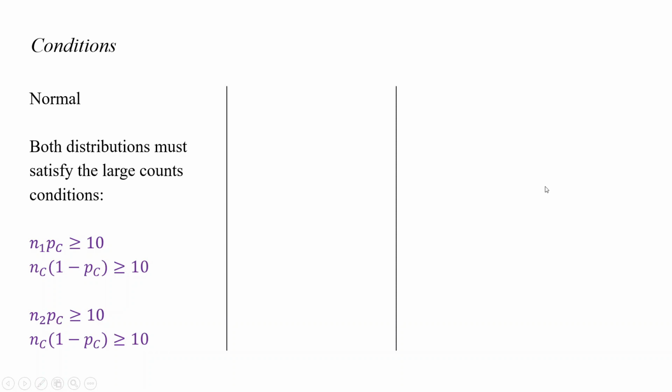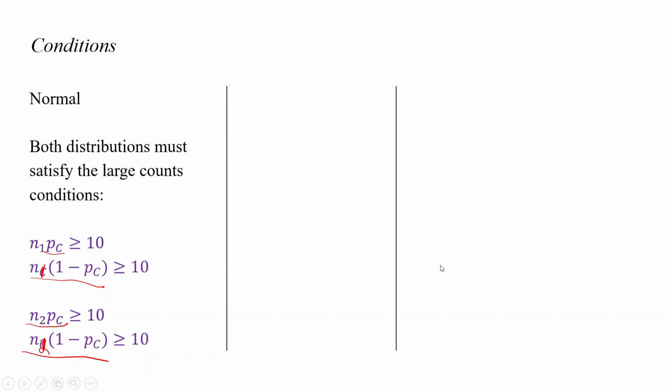We take N1 times P sub C and N1 times 1 minus P sub C. Sorry, a little copy and paste error. N2 times P sub C and N2 times 1 minus P sub C. So we do that for both sample sizes, but for both we use that same value P sub C. Now, what is P sub C? We're going to talk about that on the next slide, so give me a second.